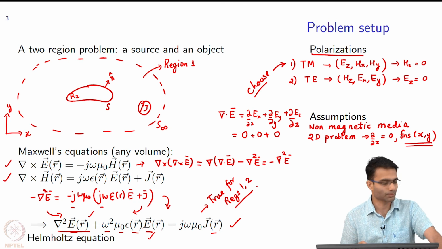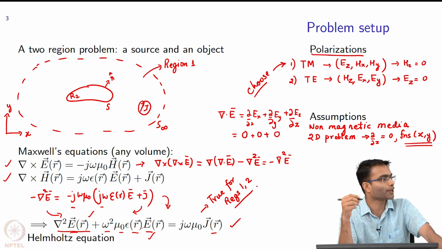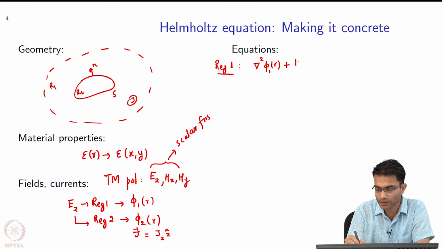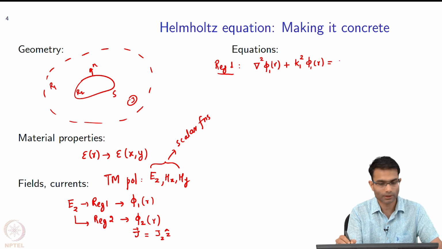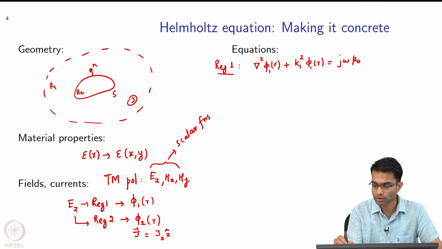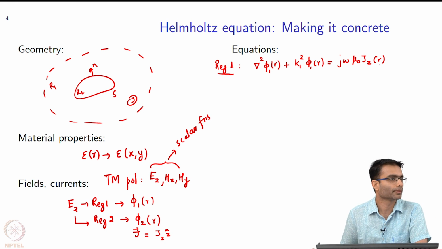All of you know that we can get rid of this mu naught epsilon and write it in terms of speed of light, and that speed of light can get converted into a wave number k, 2 pi by lambda, right. So, once you do all that simplification, I can just condense it into a new constant k 1 squared, that is the wave number in the region 1, phi 1 r is equal to, I will get a j omega mu naught j z r, okay. Just rewritten everything.